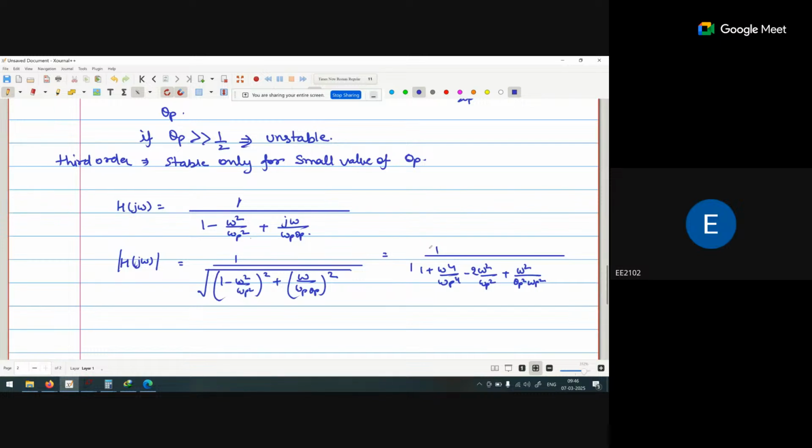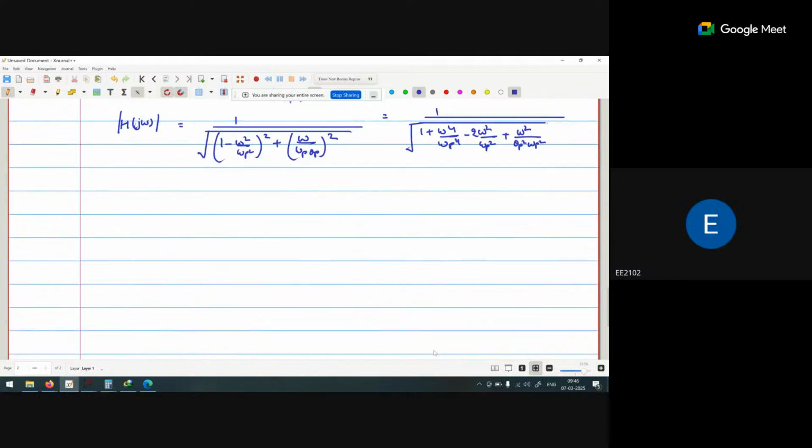Now I take omega square upon omega p square common from these two terms, so 1 plus omega square upon omega p square times 1 upon Qp square minus 2, plus omega 4 upon omega p 4. Now for the response, we consider omega upon omega p less than 1 and omega upon omega p greater than 1.